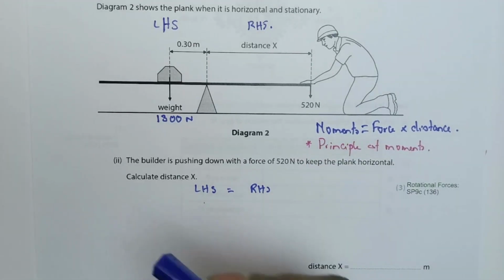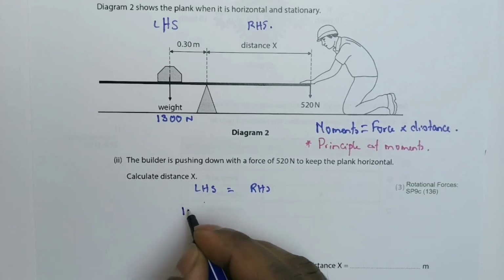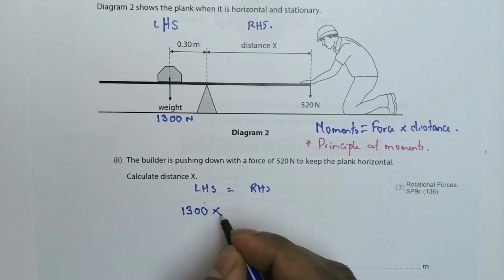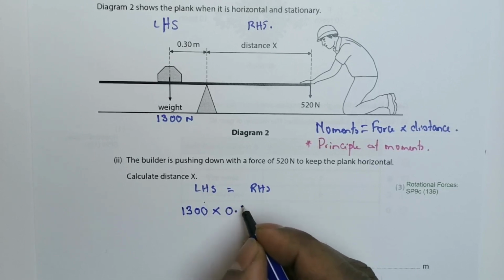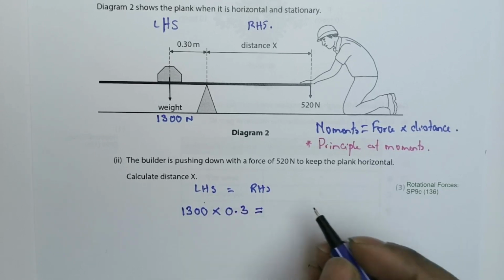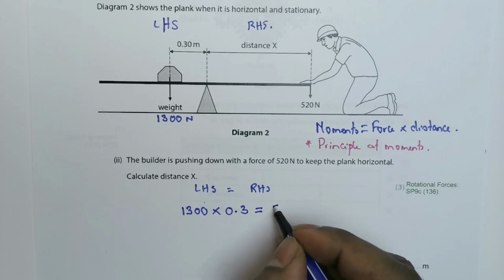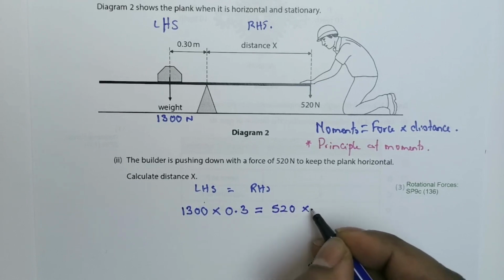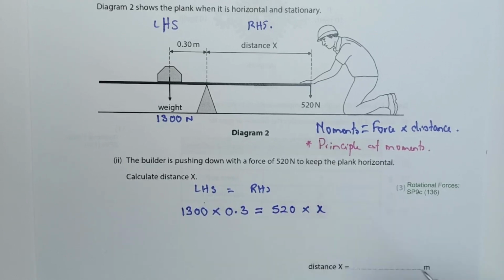So on the left hand side, it's 1300 multiplied by 0.3, which should be equal to 520 multiplied by x, which is the distance.